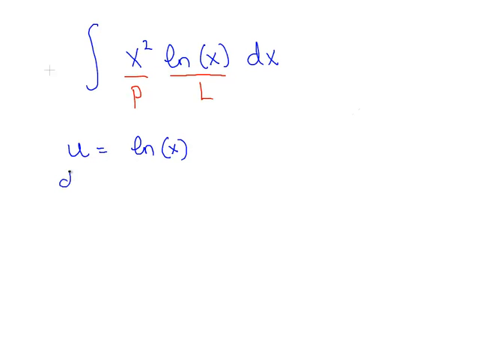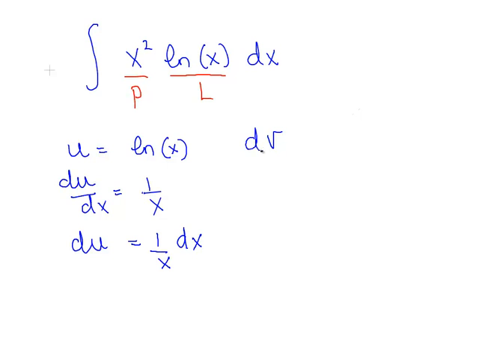The derivative of that is 1 over x, so du is 1 over x times dx. dv in this situation is going to be x squared dx. So this part is u, and this part has to be dv.